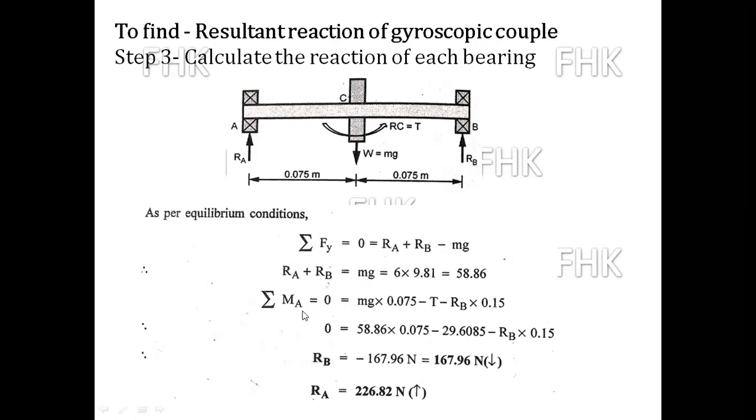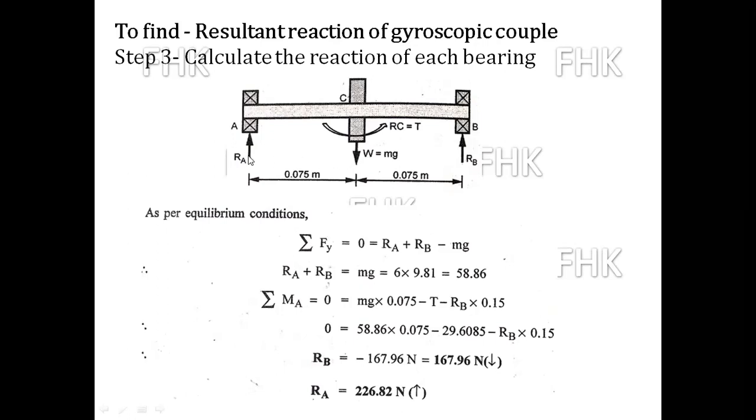Now taking the moment of all the forces around A. The summation of moments at A is equal to 0. Ra is a force into perpendicular distance, so Ra into its distance about A will be 0. The weight is moving in the clockwise direction: mass into gravitational acceleration into perpendicular distance.